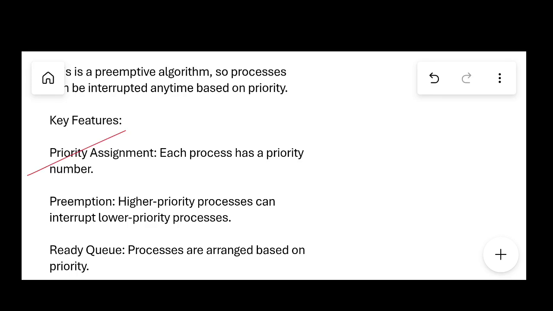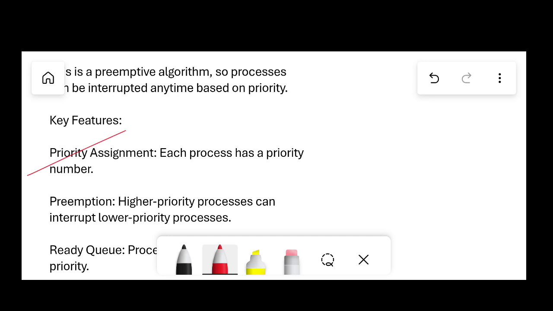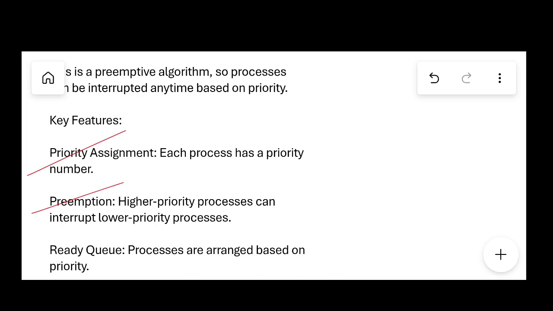Higher numbers can mean higher priority or lower, depending on the system, but in our example higher number means higher priority. Then it's preemptive, so a process can be stopped midway.